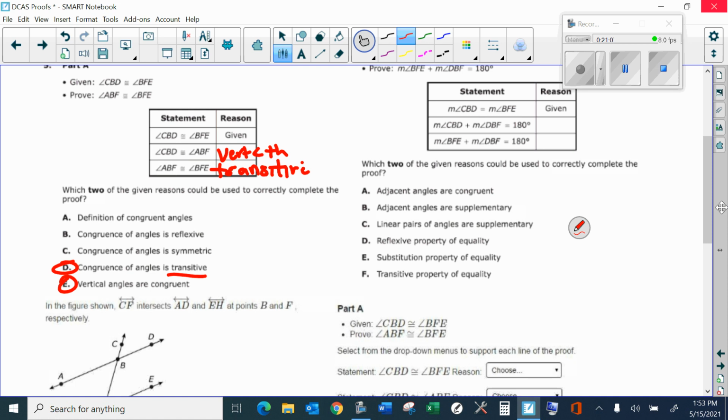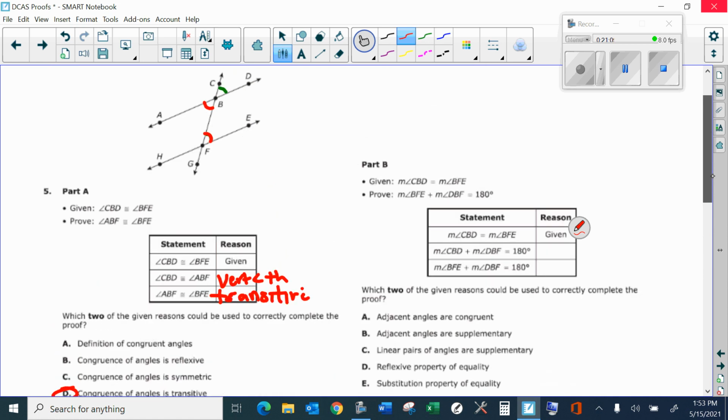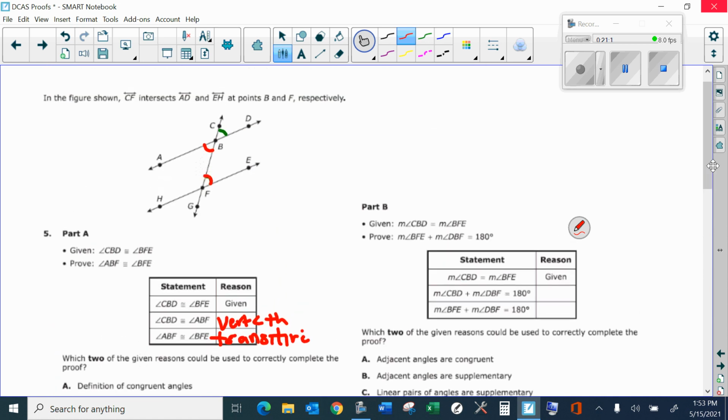All right, B now. This one. Given CBD is congruent to BFE, same thing again. Prove that the measure of BFE, this one, plus DBF, which would be this angle there, is supplementary.